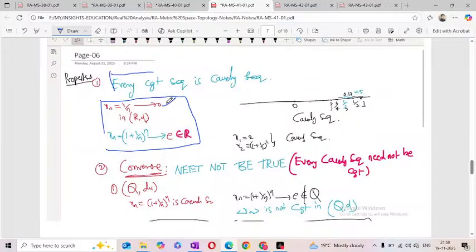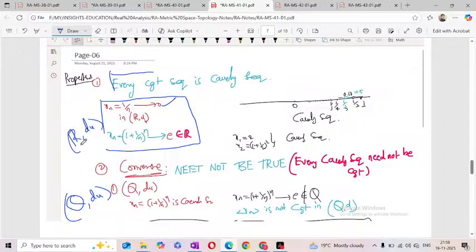In real analysis, every convergent sequence is a Cauchy sequence, and every Cauchy sequence is convergent. But suppose I take a different metric, Q with the usual metric, instead of R with the usual metric.